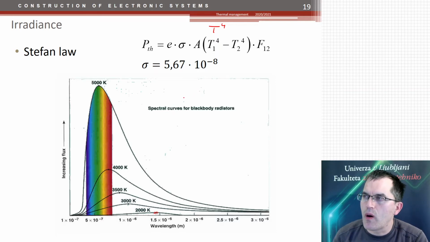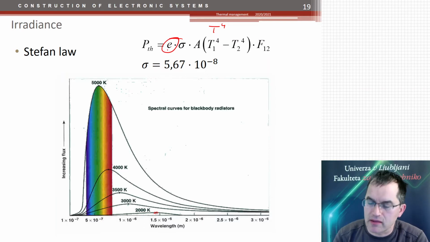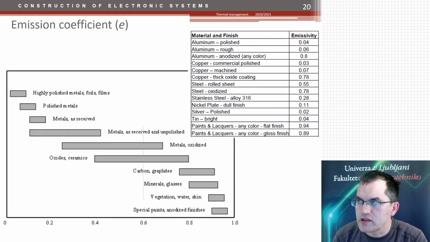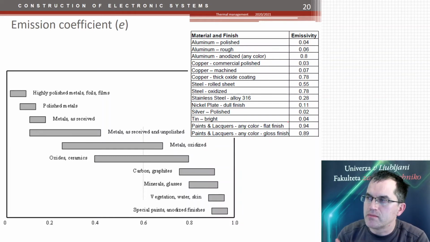So, the only really hard to define, or let's say quite often undefined, parameter in this formula is this efficiency, or so-called emission coefficient. The emission coefficient is dependent on the surface. So the emission coefficient could be almost 0 if you have a highly polished surface, or it could be close to 1 if you have a very matte finish with a special paint.